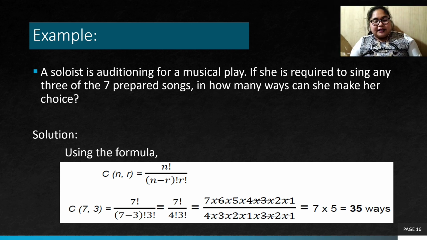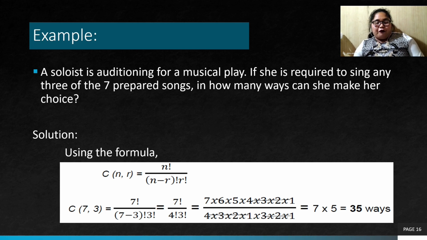Then let's simplify this 7 factorial. Let's multiply in descending order: 7 times 6 times 5 times 4 times 3 times 2 times 1 over the same with the factorial, so 4 times 3 times 2 times 1 and the 3 factorial, which is 3 times 2 times 1.